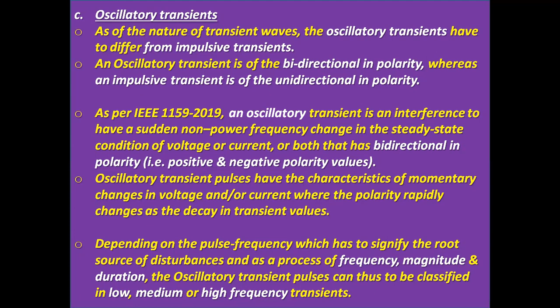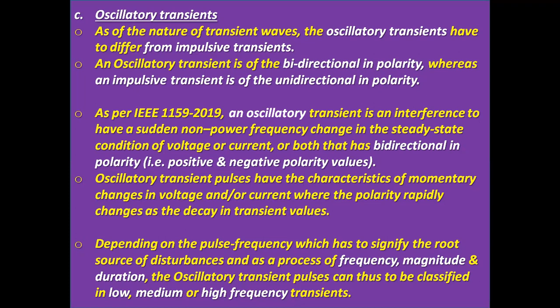As per IEEE 1159 2019, an oscillatory transient is an interference having a non-power frequency change in the steady state condition of voltage or current, or both, that is bidirectional in polarity, that is positive and negative polarity values.